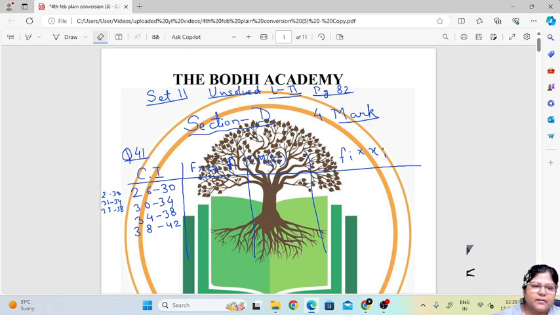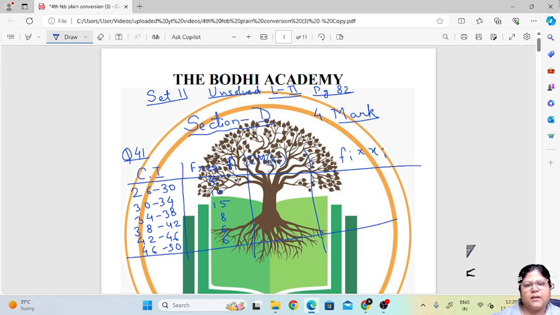For that you have to make it continuous. So this is a continuous frequency table: 42 to 46, 46 to 50. The frequencies are also given: 5, 10, 15, 8, 6 and 6.